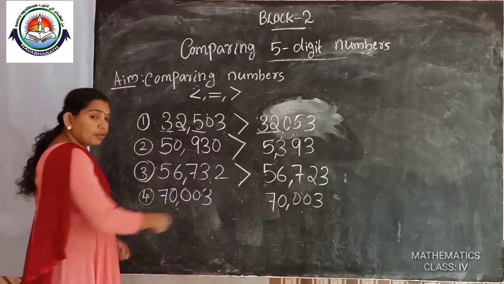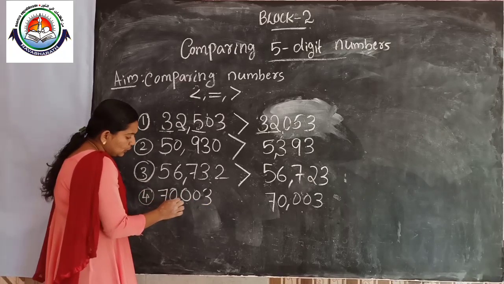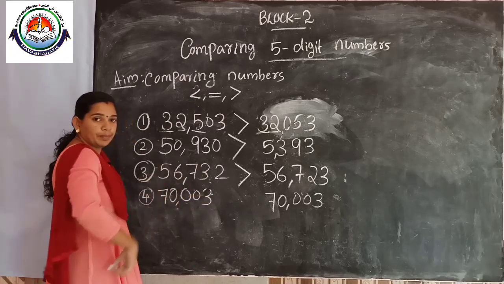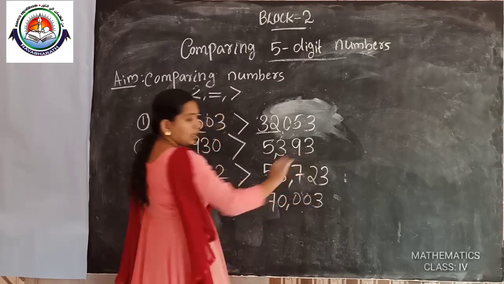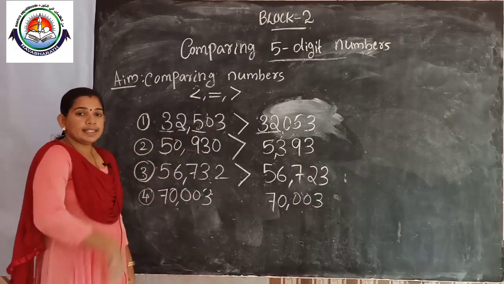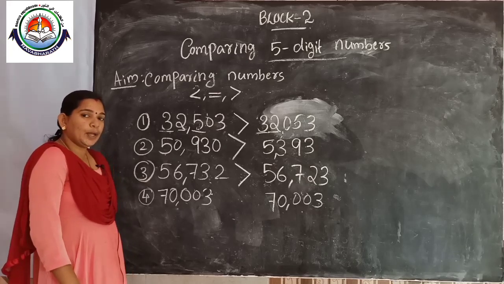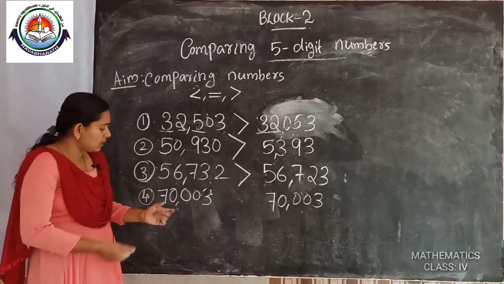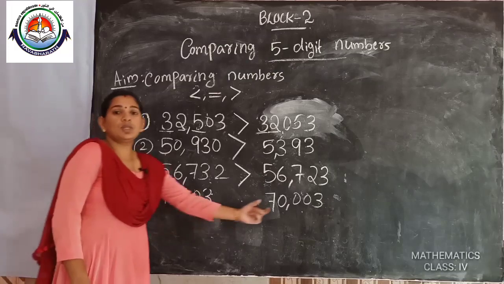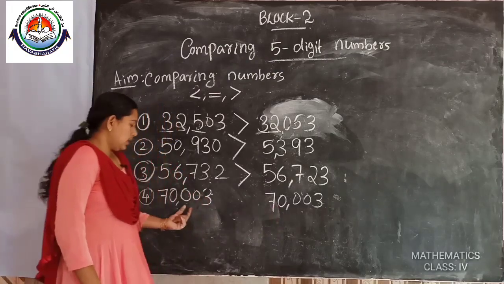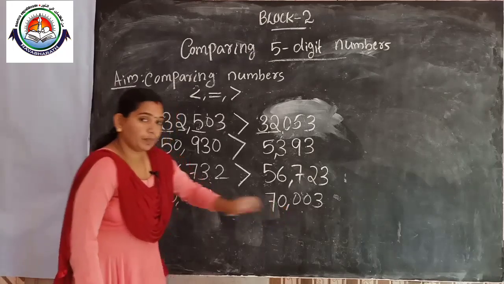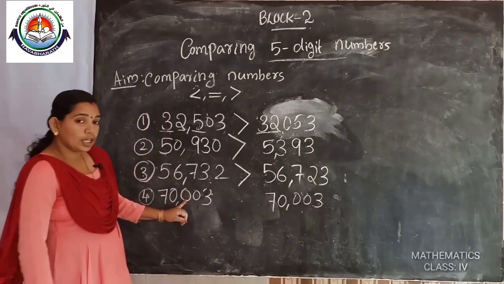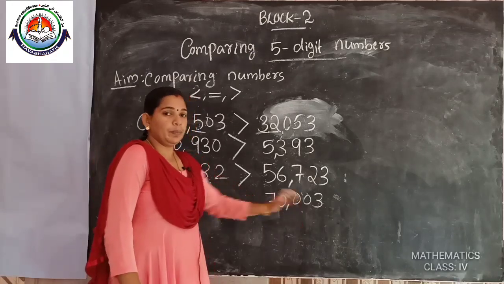70,003. Here we will check the number of digits. 1, 2, 3, 4, 5. Here 1, 2, 3, 4, 5. 5 digits. Number of digits are equal. We will check the left side first number. Here 7. Here also 7. Both are equal. Second number 0. Here also 0. Third number 0. And here also 0.